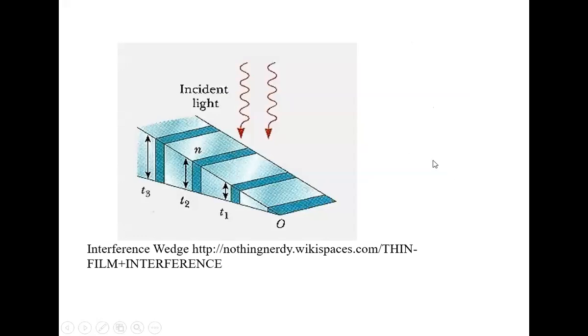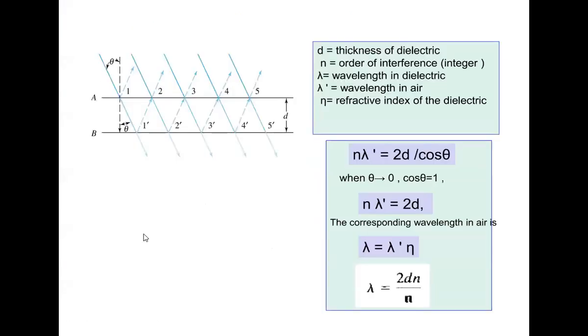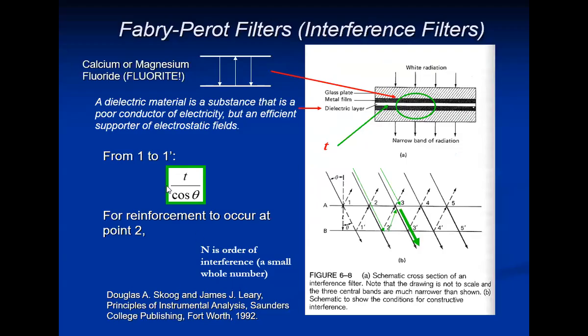Here, for example, is an example of an interference wedge. You can see the diagram here. You can see that distance there, 2D. Remember T. Let me go back to remind ourselves. Remember this diagram, the Fabry-Perot: T over cos theta, all right?